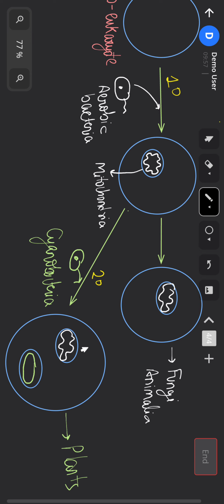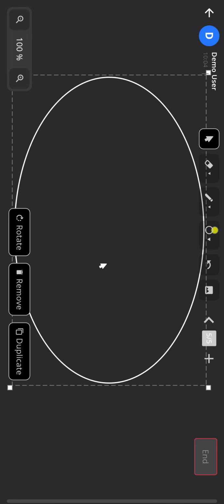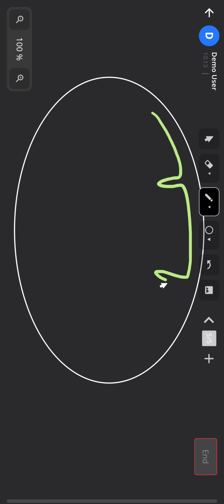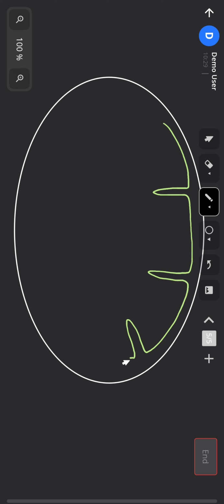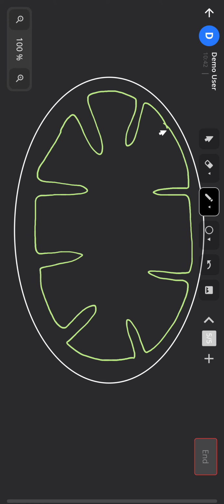Now let's see the structure of the mitochondria. This is how the mitochondria looks.